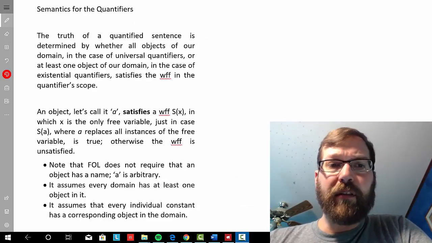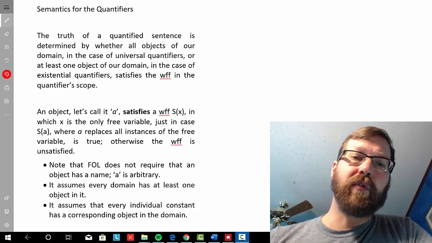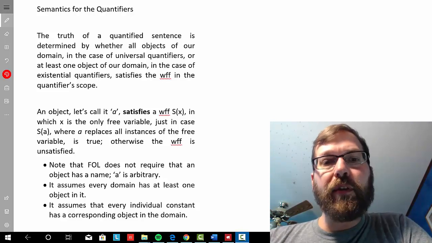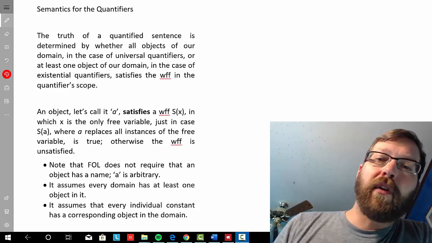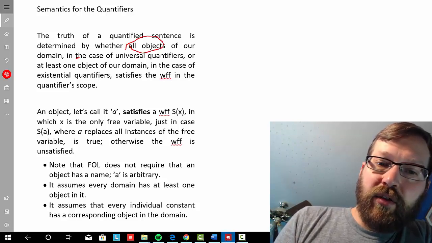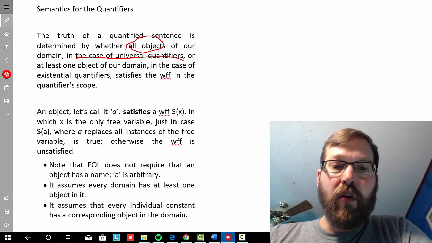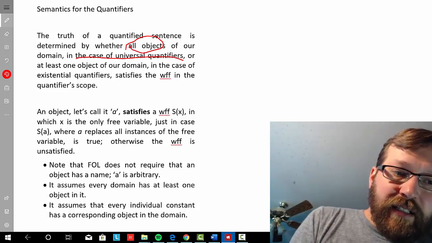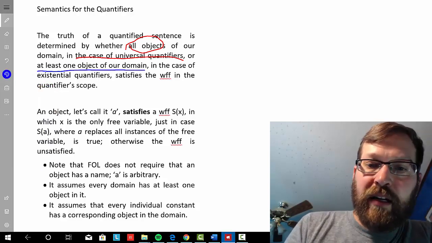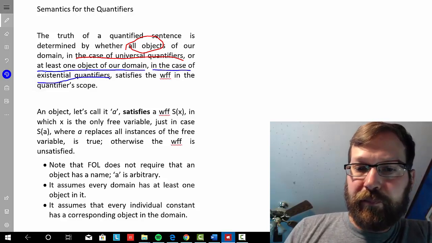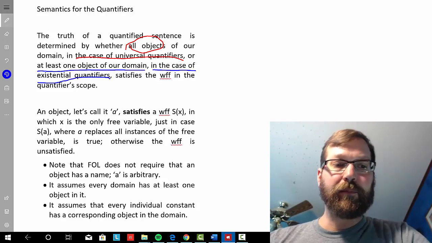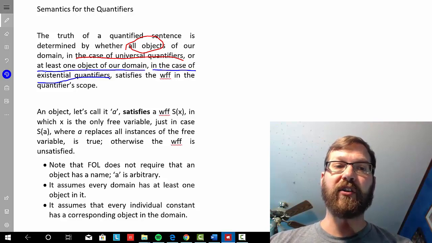All right, so with that under our belt, let's turn to the semantics of our quantifiers, or the meaning of our quantifiers. To put it informally, the truth of a quantified sentence is determined by whether all objects of our domain, when we're talking about universal quantifiers, or whether at least one object of our domain, when we're talking about existential quantifiers, satisfies the well-formed formula that's within the quantifier's scope.